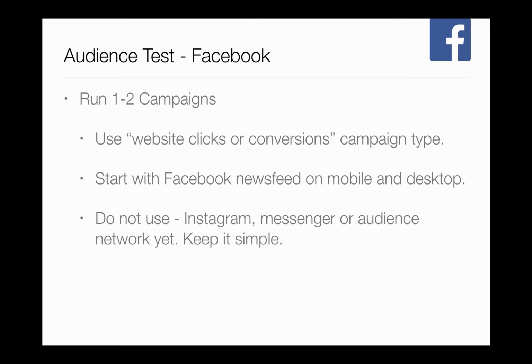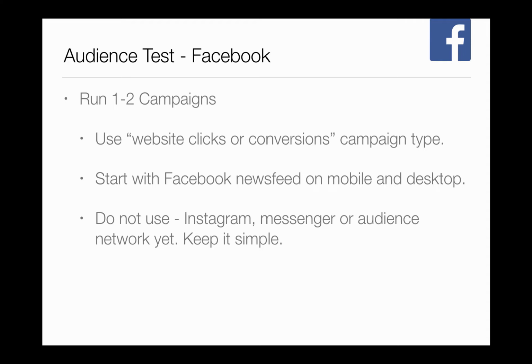But I'll just go over a few things that you should definitely consider before you go and run any ads to your survey funnel. So starting off, make sure that you use the campaign type of website clicks or conversions. Conversions is a little bit more of an advanced feature, so you probably don't need to go into that just yet. So the easiest method is just to set up a website click campaign.